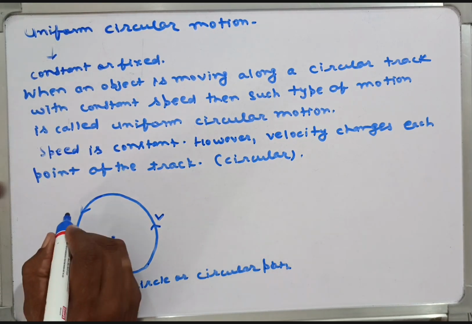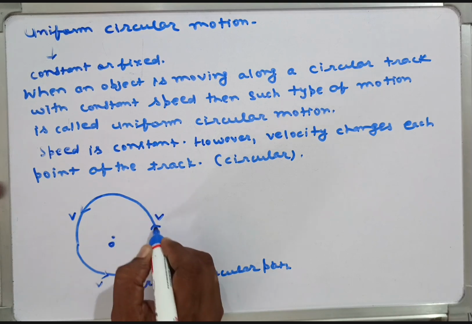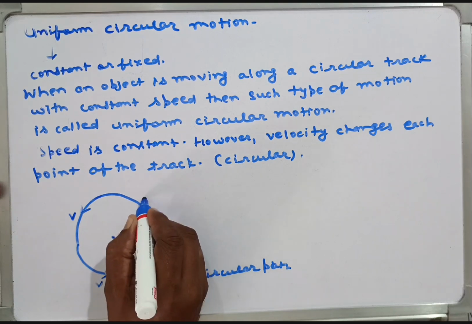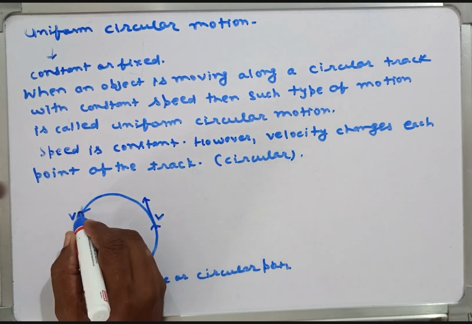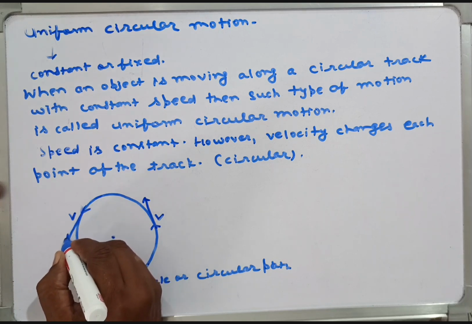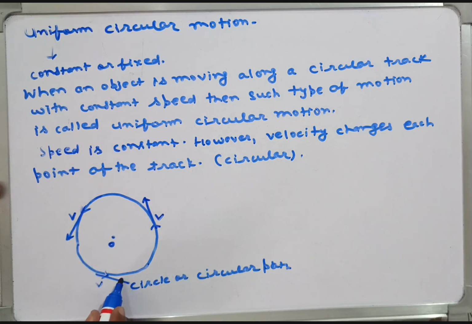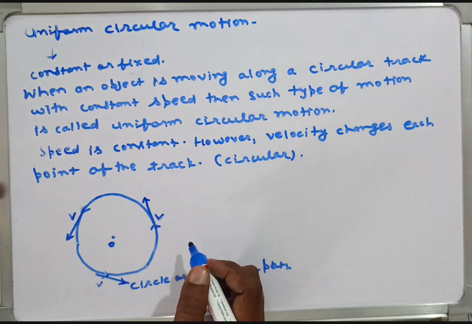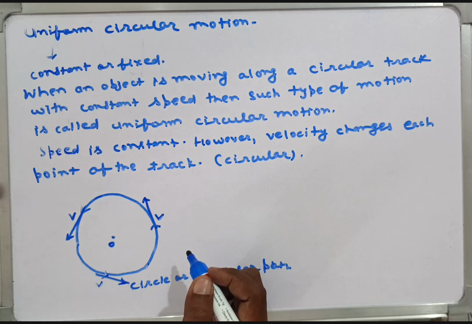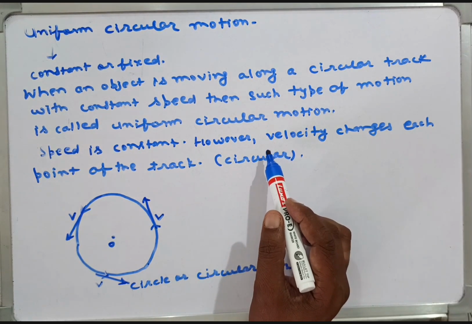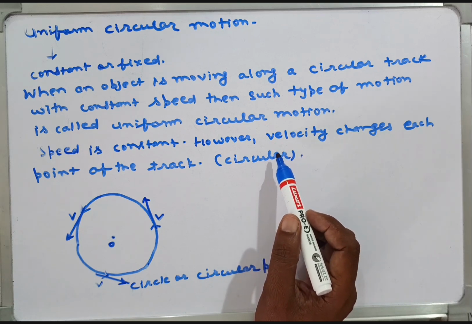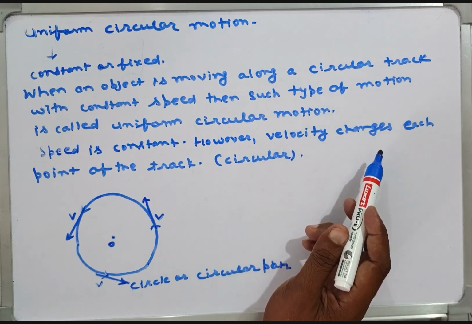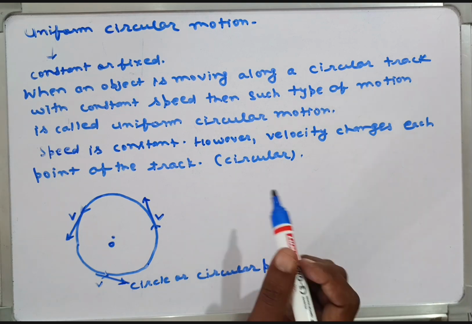What you notice here is that the direction of motion of the object changes at every point. That's why in the definition we said velocity changes at each point of the track.